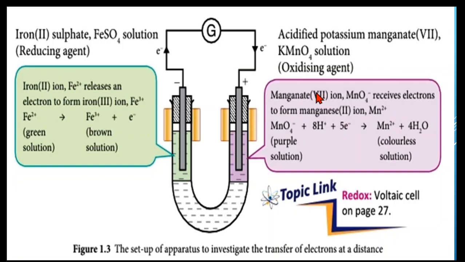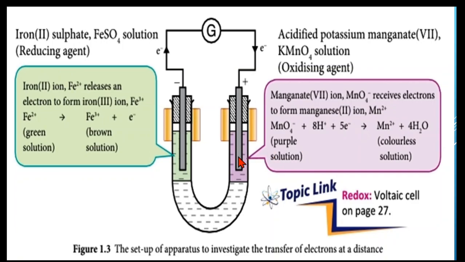The manganate(VII) ion, MnO4-, receives the electron from here. They receive the electron and become manganese(II) ion, Mn2+.